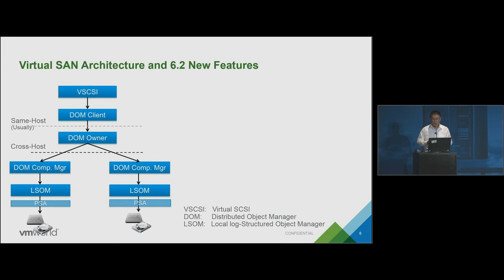DOM stands for Distributed Object Manager, and it is responsible for coordinating inter-host traffic in vSAN. Then the client passes that I/O to the DOM owner, which is usually on the same host. The owner sends the I/O through the network to the component manager, which is usually on a remote host.